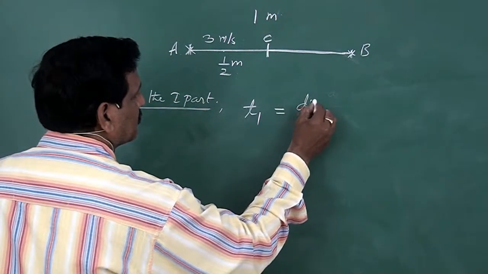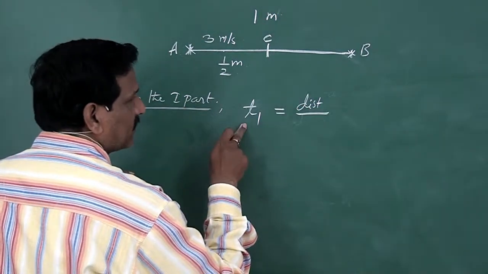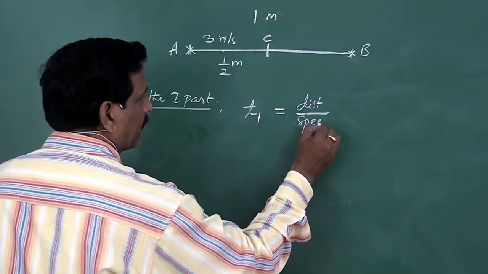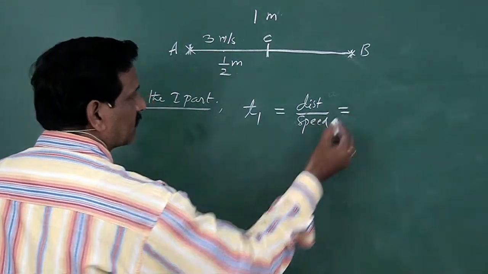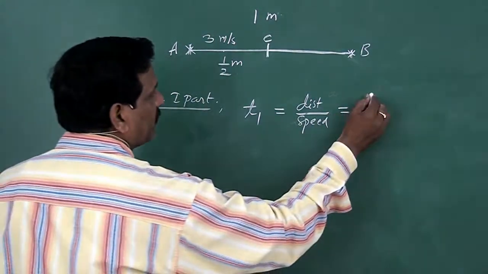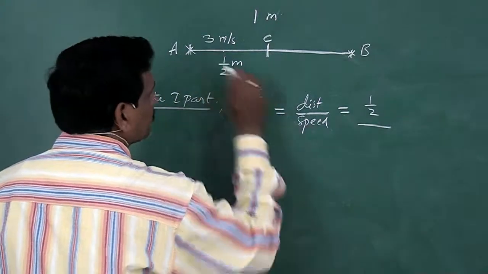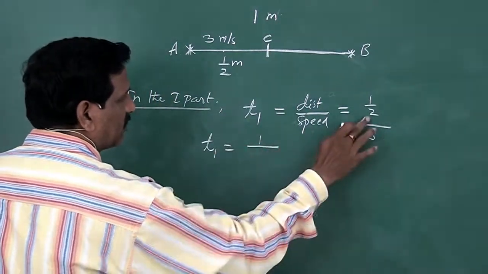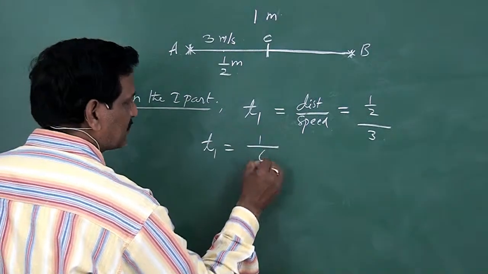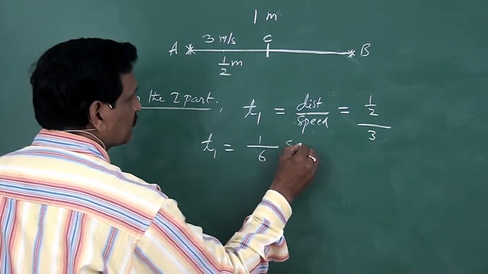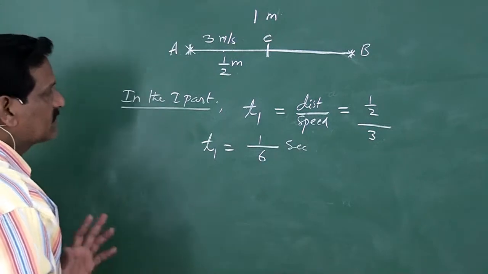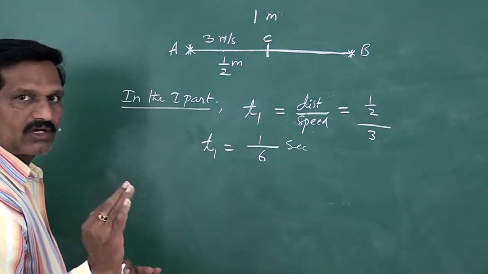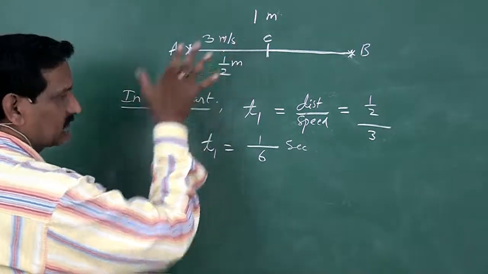This is the definition: time taken is equal to distance by speed. Here the distance is half a meter and the speed is 3. So, T1 is equal to 1 by 2 into 3, 1 by 6. So, 1 by 6 second. This is the time taken for the car to cover the first half distance.